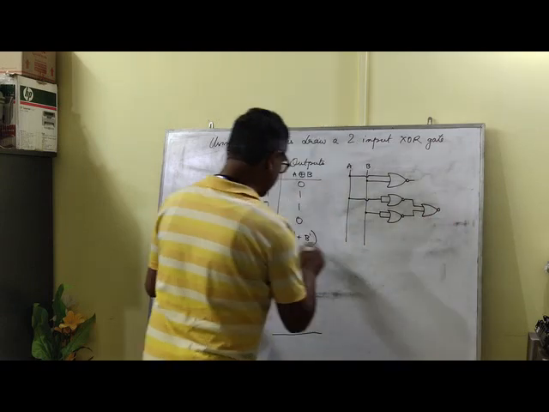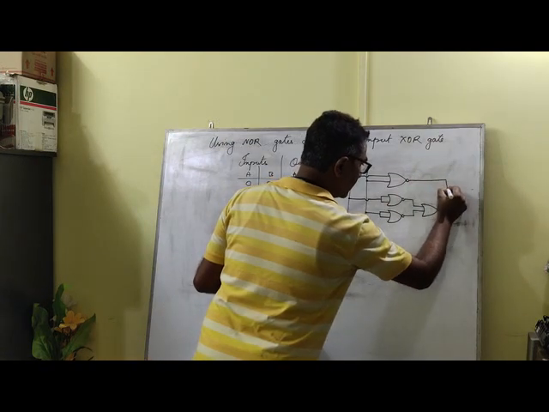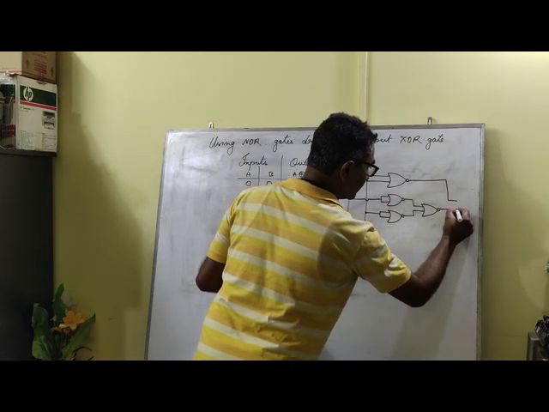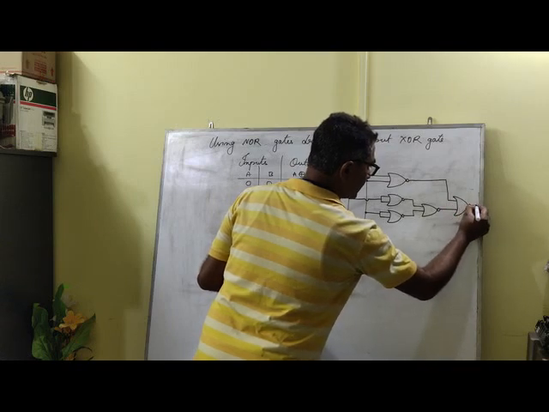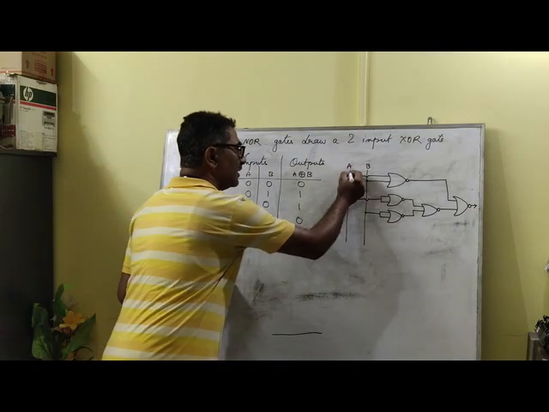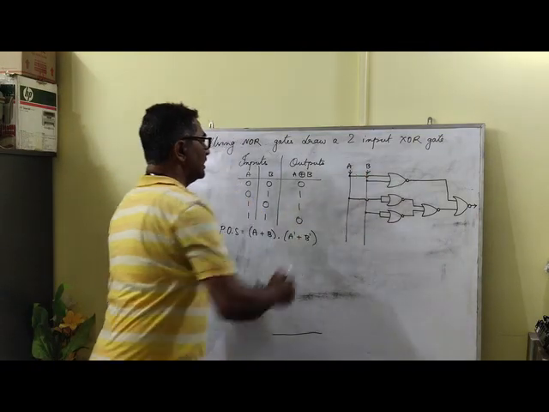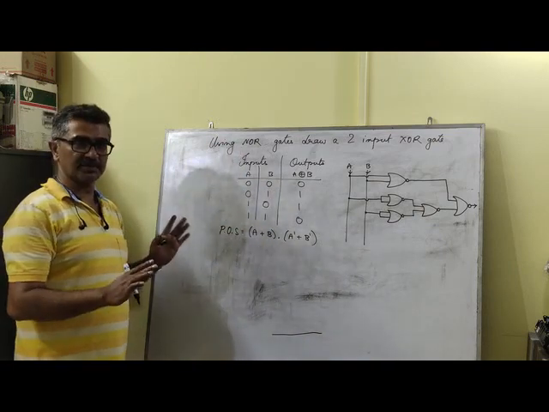So we'll draw a NOR gate, and these two are again ANDed. However, we are going to make a NOR gate over here. That's it. So this is what we get. That is the entire XOR gate using only NOR gates. See how simple it is.